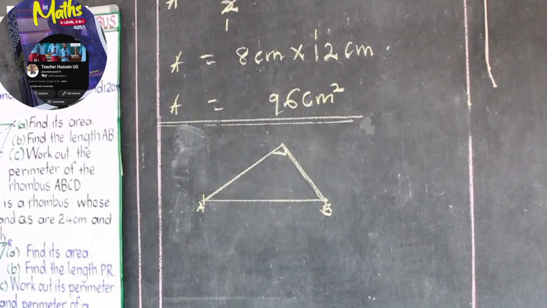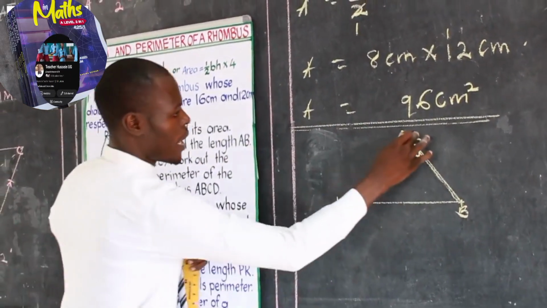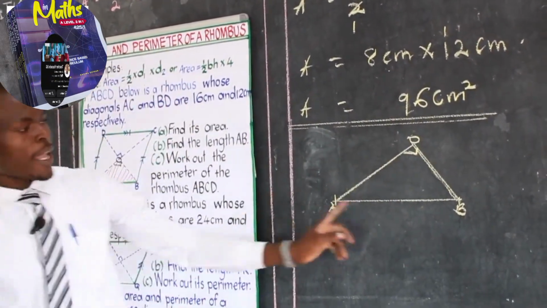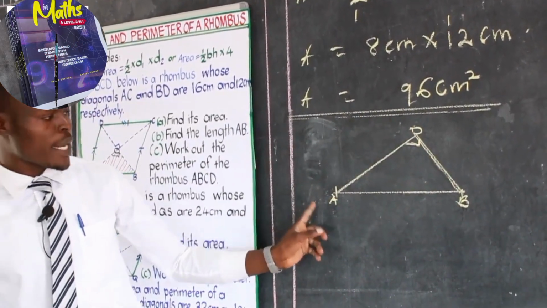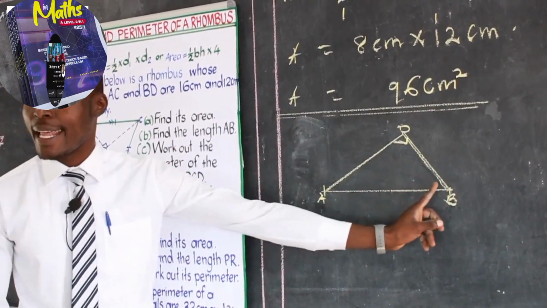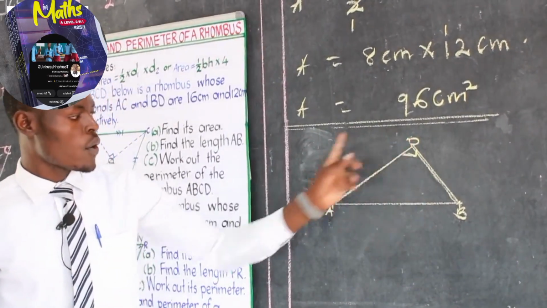So we have our AB, we have our O. So we have AB, we have OB, and we have OA. But we need AB. Before we get AB, class, we must be having OB and OA.